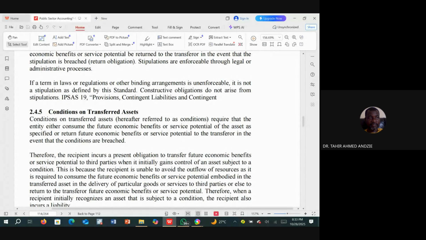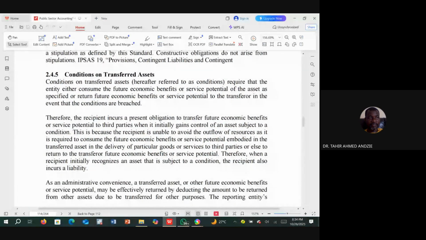Conditions on transferred assets require that the entity either consume the future economic benefits or services potential of the asset as specified, or return the future economic benefit or service potential to the transferor in the event that the conditions are breached. We have explained this already.